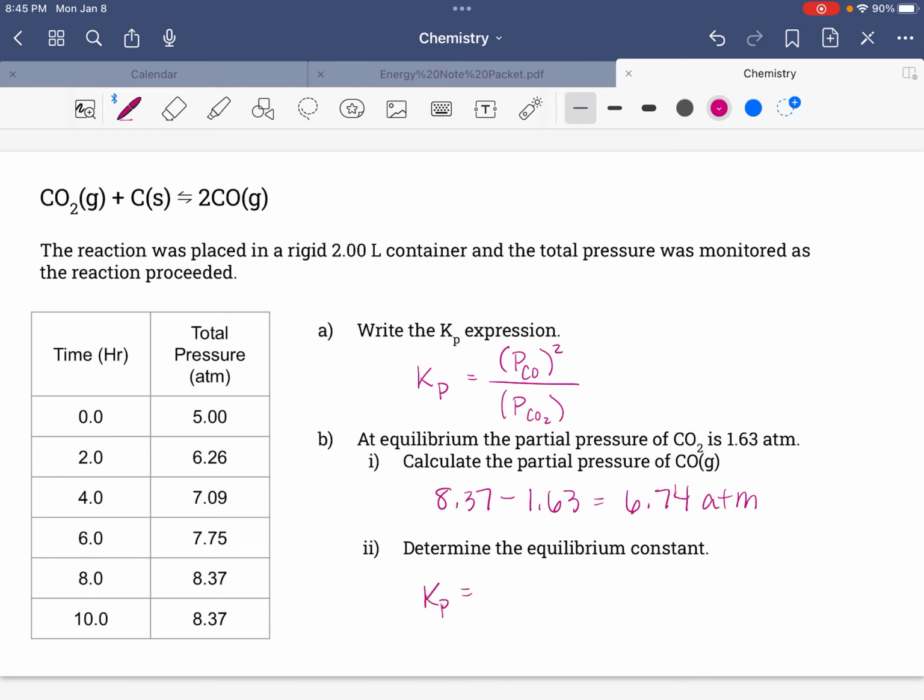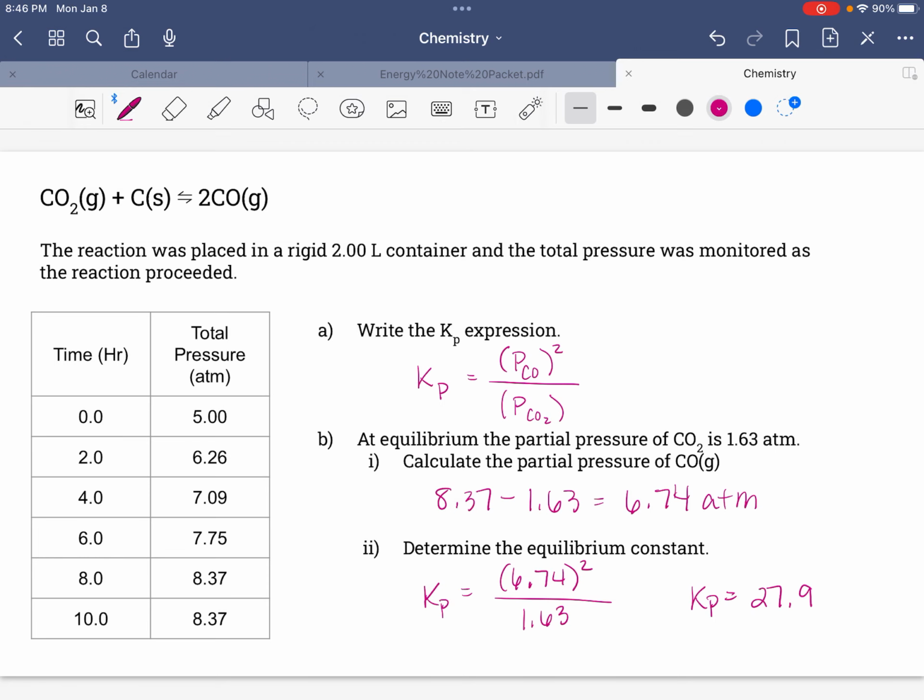So our Kp is equal to the partial pressure of our carbon monoxide, which is what we solved for in the initial part of this part B problem, 6.74 squared, over our reactants, which was our CO2, and the partial pressure they told us was 1.63. When I put that through my calculator, I'm going to get a Kp value of 27.9. And again, that's not going to have a unit.